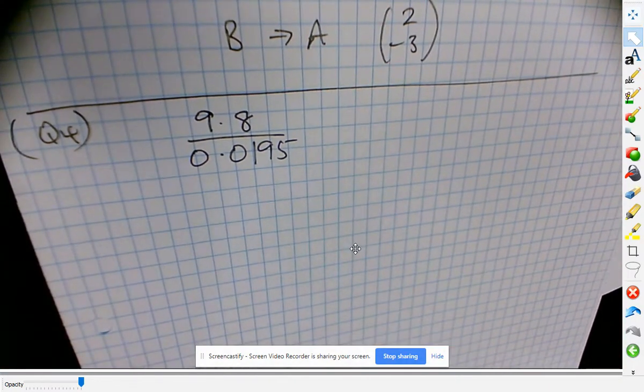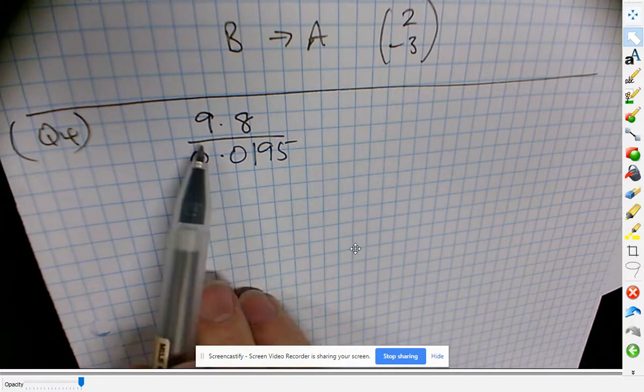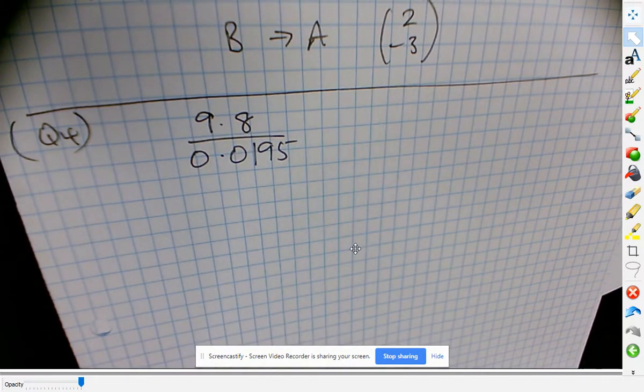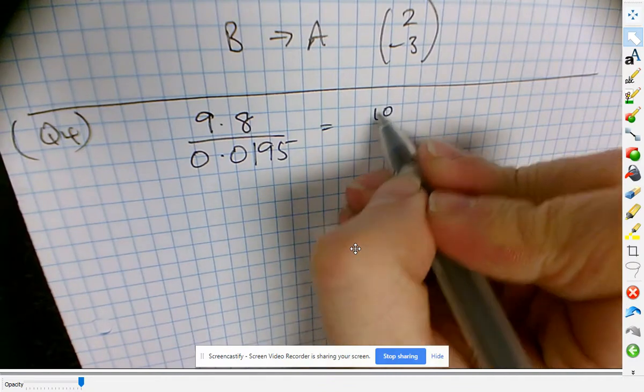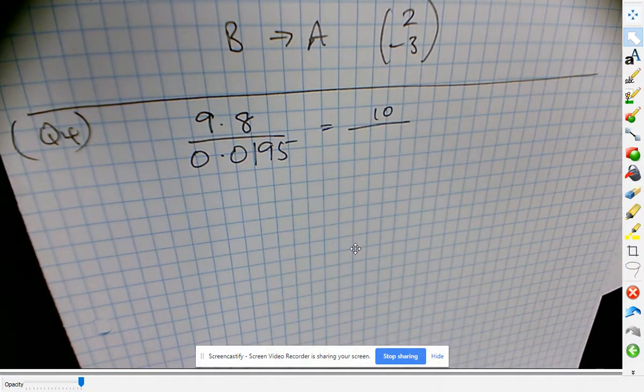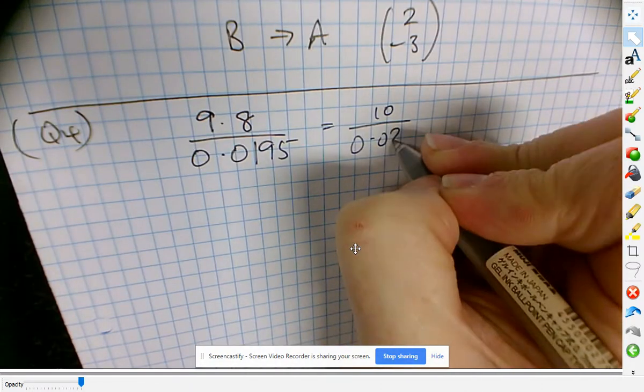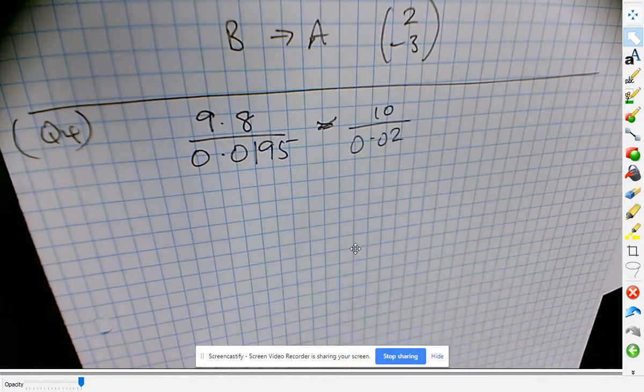When we're estimating, we round everything to one significant figure. What does 9.8 round to one significant figure? 10. And what does 0.0195 round to one significant figure? 0.02. Okay. So that's my estimation.